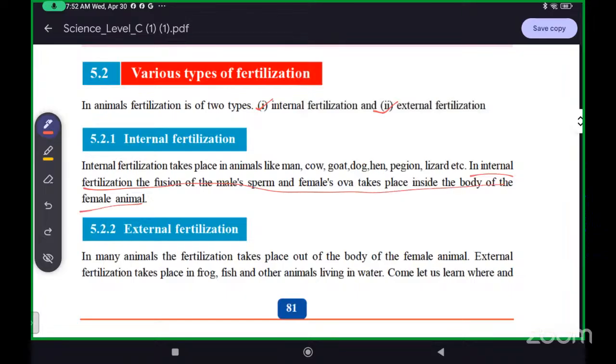And external fertilization: in many animals, fertilization takes place out of the body of the female animal. External fertilization takes place in frog, fish, and other animals living in water.